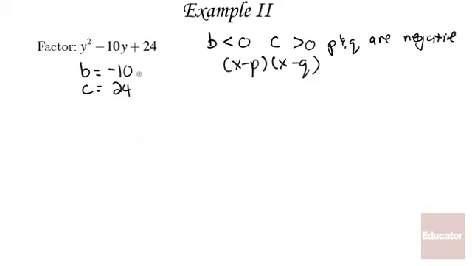Remember that P times Q equals C. So here, P times Q equals 24, and P plus Q equals B. So P plus Q equals negative 10. So I'm going to find factors of 24.